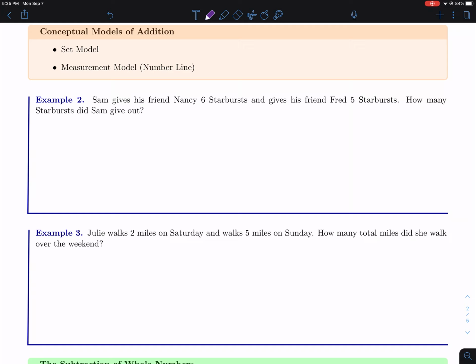Sam gives his friend Nancy 6 starburst and gives his friend Fred 5 starburst. How many starbursts did Sam give out? In this case, this one's just crying out for the set model. So I'm going to make one set for Nancy, and then one set for Fred.